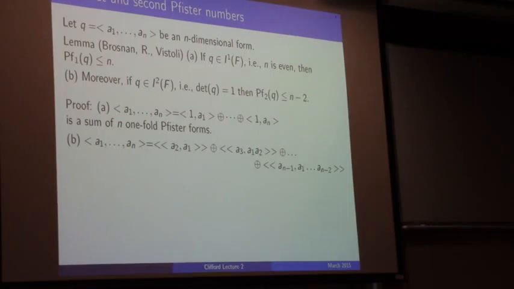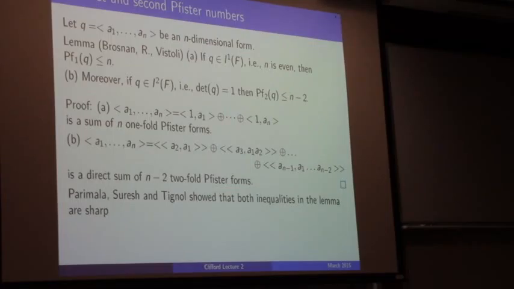Here I'm assuming that this form has discriminant 1, so I can assume that the product of these is 1, and it's even dimensional. That's what I mean by saying that q is an I2. So this is a simple formula that gives me my original form, writing it as a sum of n minus 2 two-fold Pfister forms.